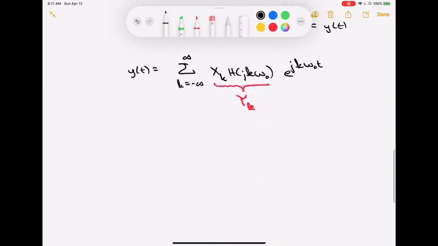I see that this output expression, y of t, is just a Fourier-like decomposition of our output signal, y of t being equal to the sum of scaled y of k e to the jk omega naught t. So it's showing us that the output is also representable by a Fourier series decomposition.